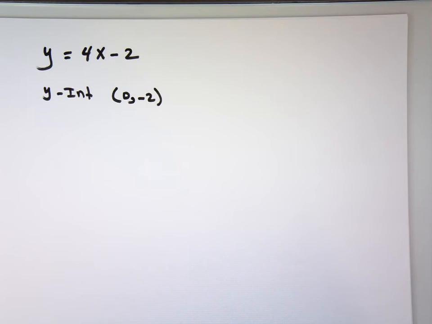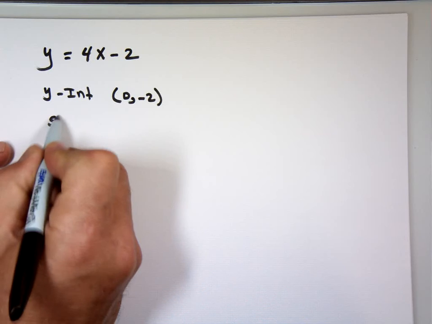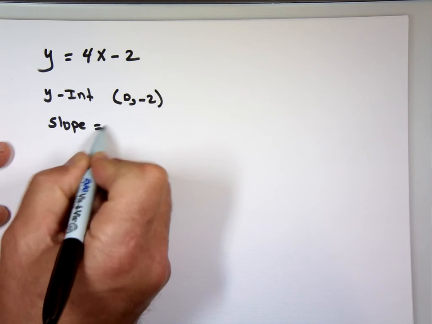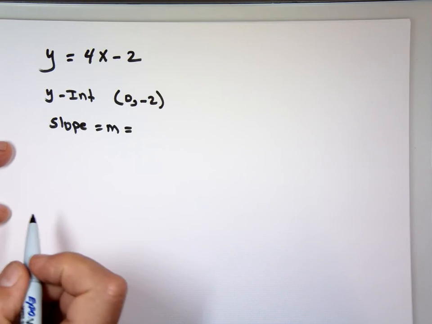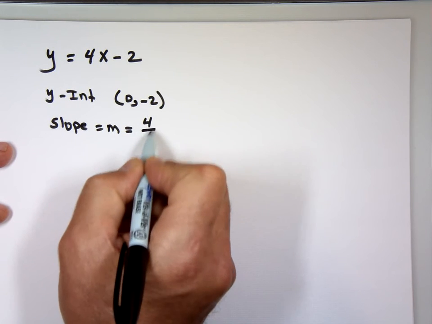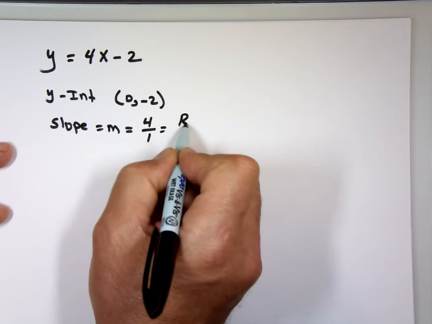And what is my slope? Four, I'll make it a fraction, 4 over 1. Why? Because the rise over the run.